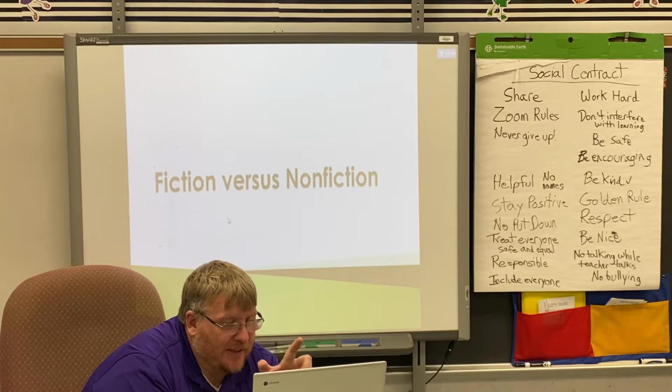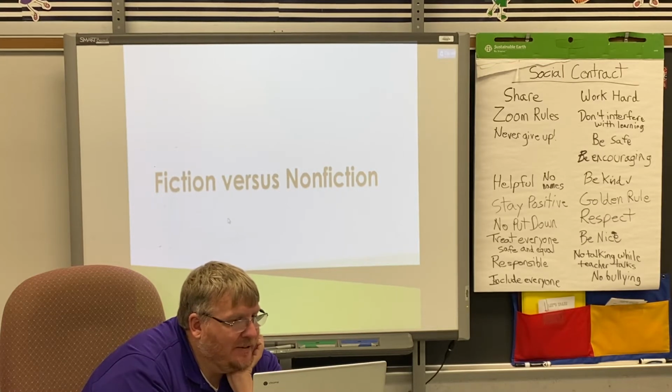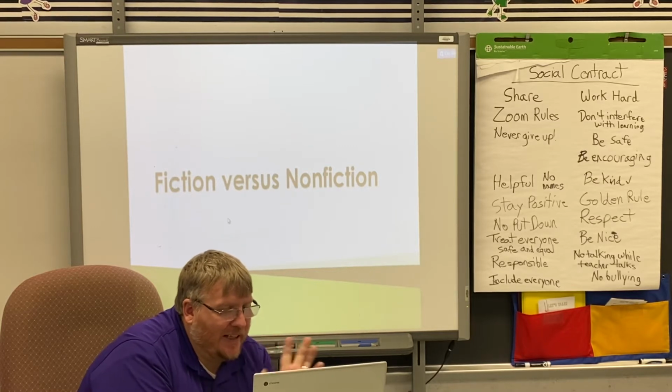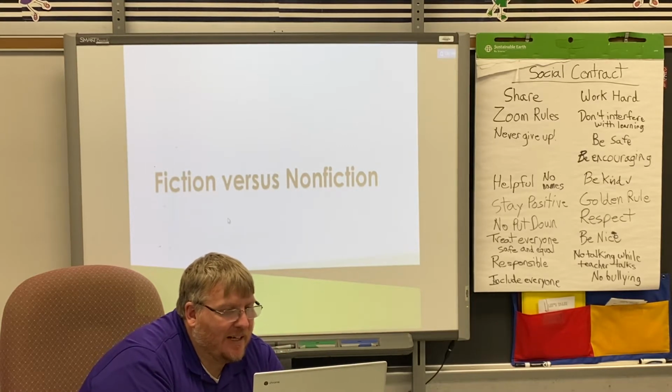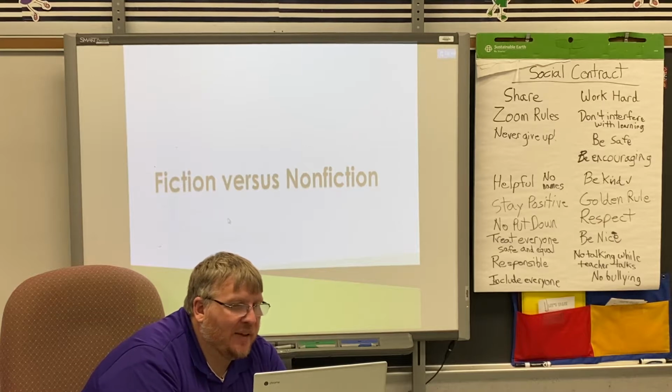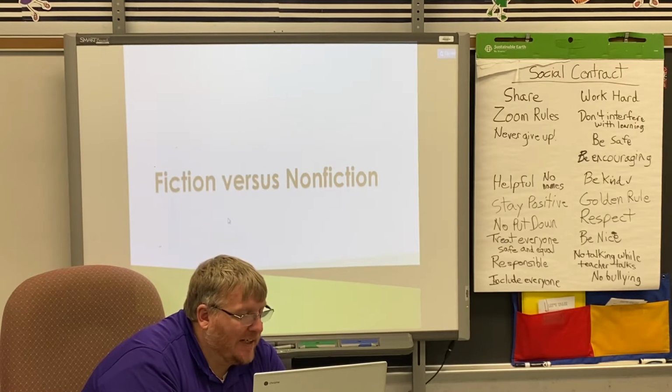There's bold, indent, underline. I believe it's under there, but I will have to double check and let you know.